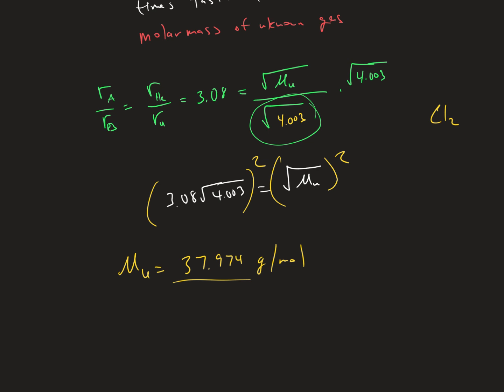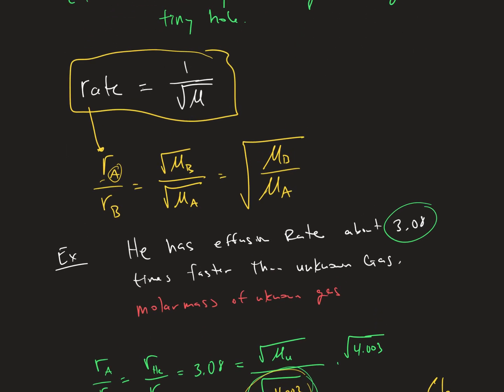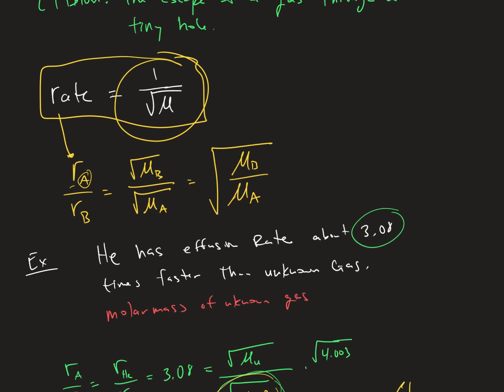Do you understand why? But then when you go over, we put helium on bottom. Because the equation for the diffusion rate is 1 over the square root of the molar mass of our gas. So let me write this a little bit different way to make this clear. The rate of helium is 1 over the square root of the molar mass of helium. And the rate of our unknown gas is 1 over the square root of the molar mass of our unknown gas. Follow?